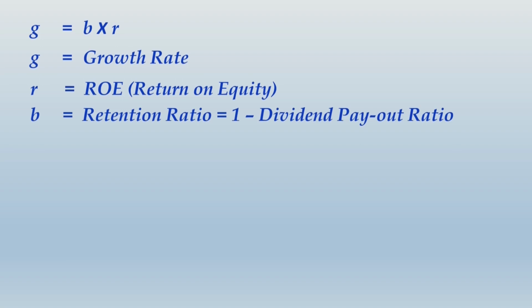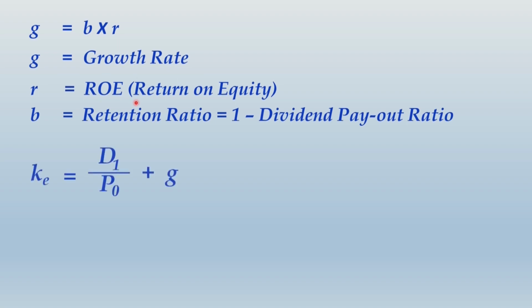So friends, in the earlier part you have observed everything was known. Now one new point that you come across which you would not have learned earlier was that growth rate is the product of B into R, B standing for retention ratio and R standing for return on equity.